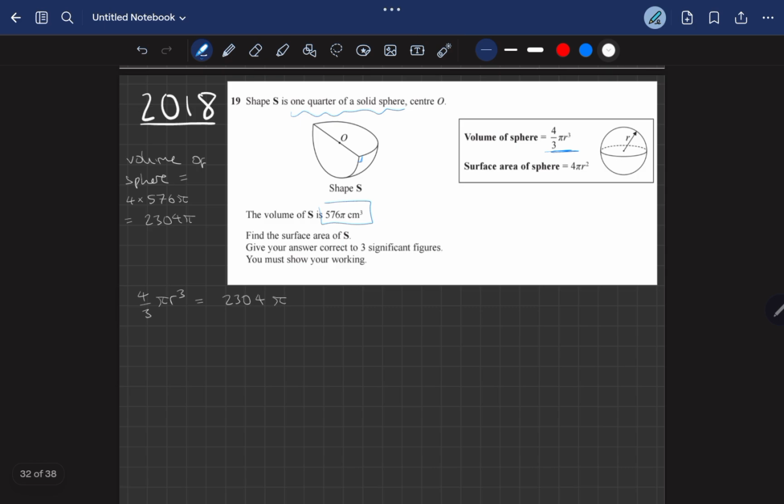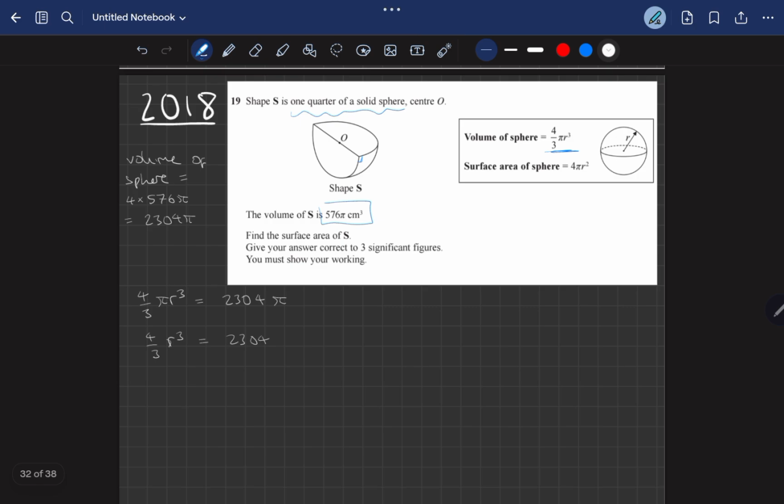I can divide both sides by pi. Okay. Now I can multiply both sides by 3/4, so I get rid of the 4/3.